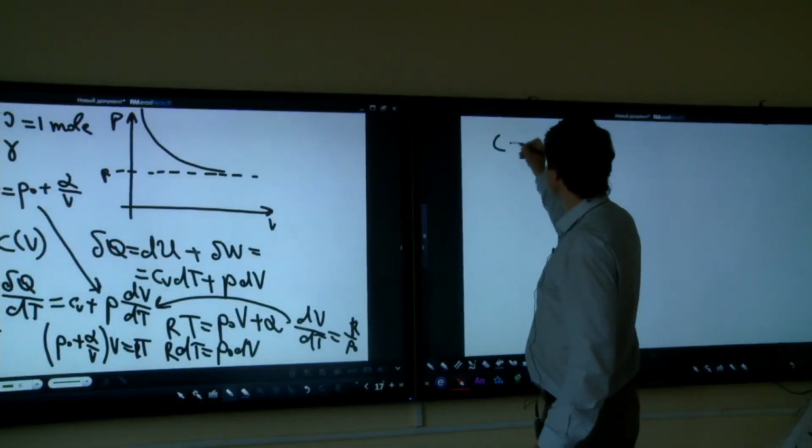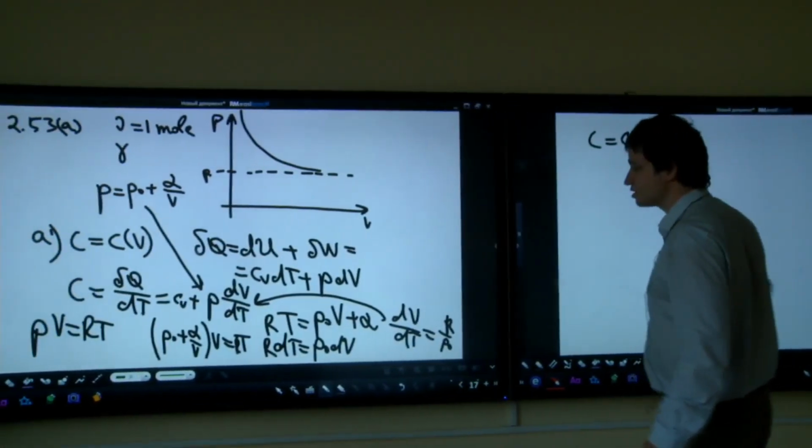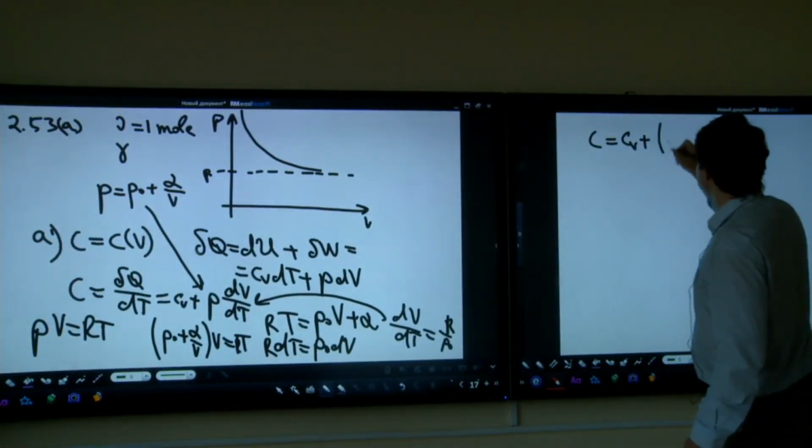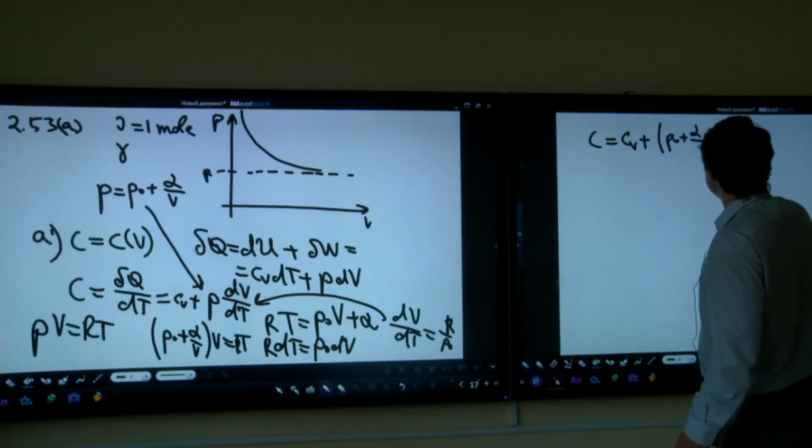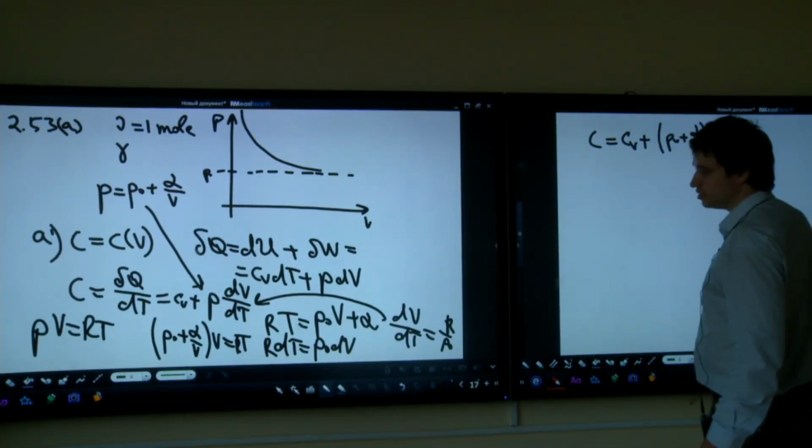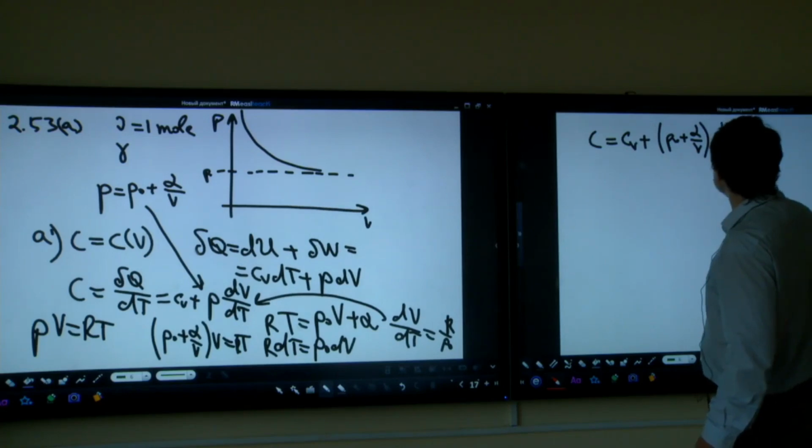Okay, so now I insert it there. So C equals Cv plus P0 plus alpha over V times dV over dT, which is R over P0.